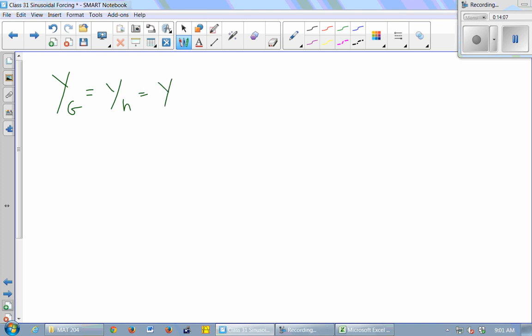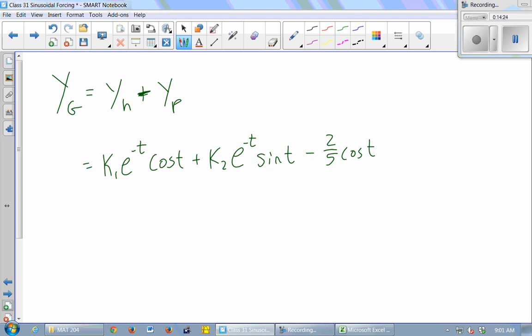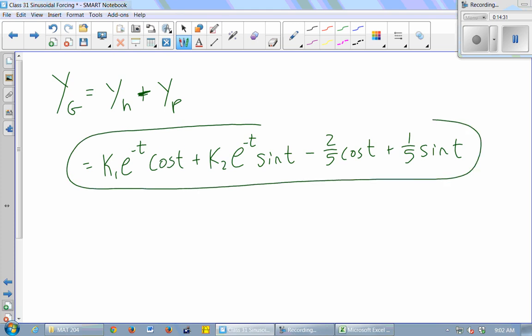Solution to the homogeneous plus my particular solution, and that's k1 e to the negative t cosine t plus k2 e to the negative t sine t minus 2/5 cosine t plus 1/5 sine t. So there's the general solution. Using the same method that we used last class, the only new thing that we had to learn was what kind of guess do you use to find y particular.